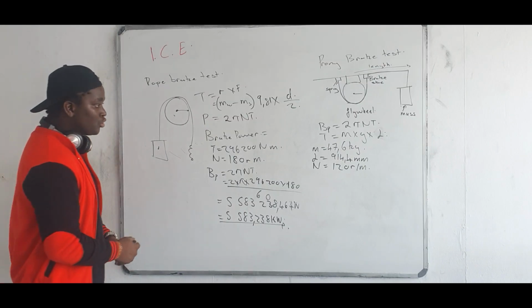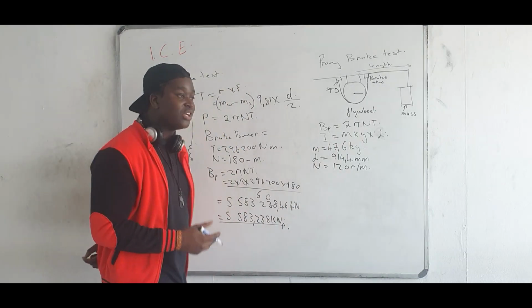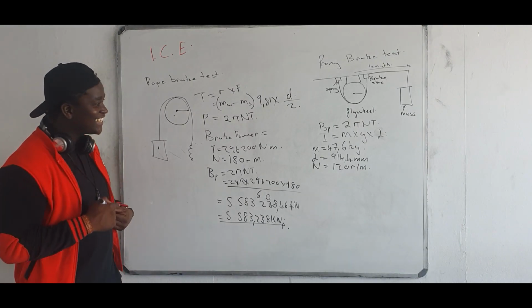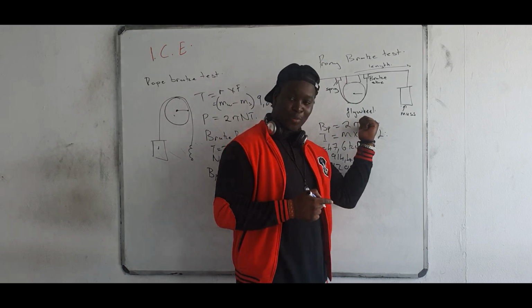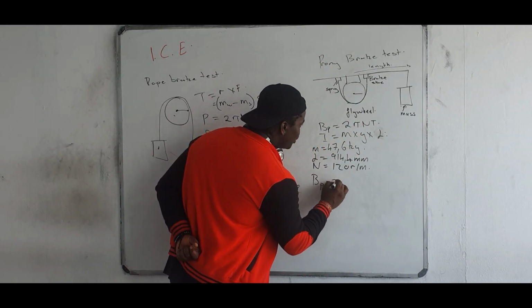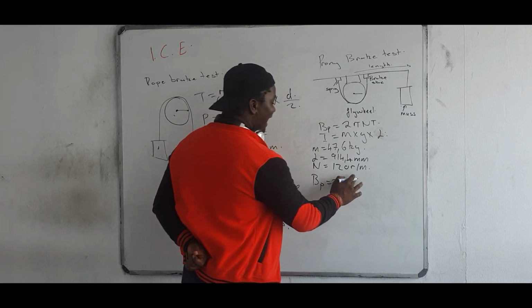Now, the question says, determine the brake power. So in order for us to get the brake power, we need to get the torque first. But if you're efficient, you can incorporate the formula for torque into the formula for brake power. Now the formula for BP says 2 pi n t.